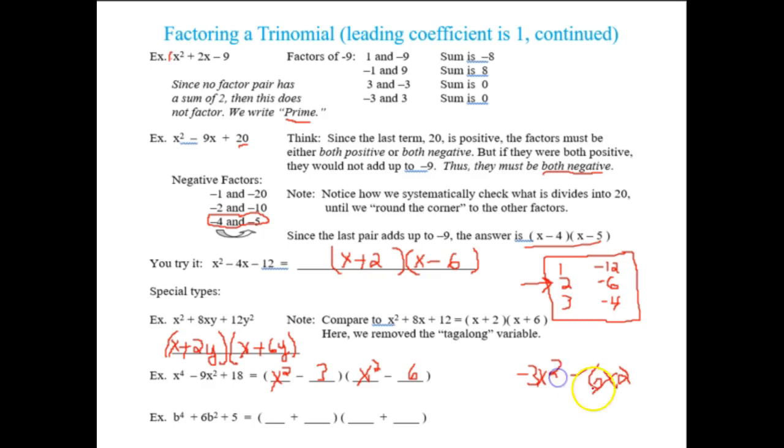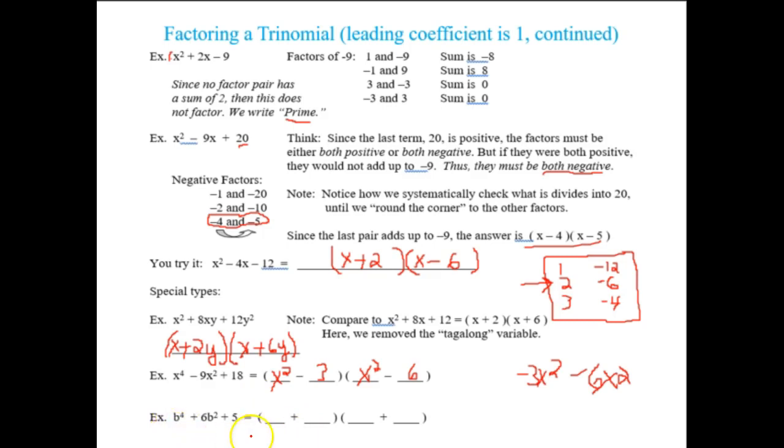So those are your two middle terms. Of course, they add up to negative 9x squared, which is what you had in the original problem. And then when I multiply the last terms together, negative 3 times negative 6 gives me my 18 that I wanted. All right?